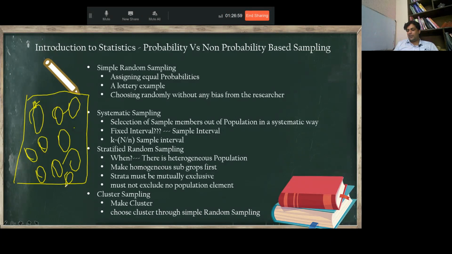Mostly researchers conduct this analysis on sample data rather than population data. So let's say I choose these 3 clusters. All the people in these 3 clusters will be my small n.